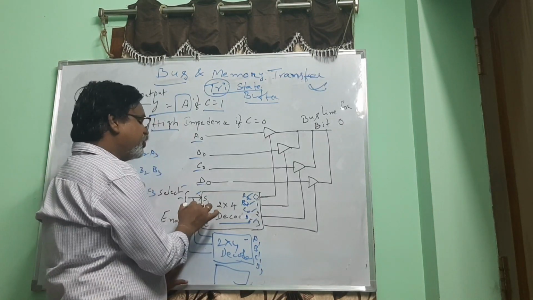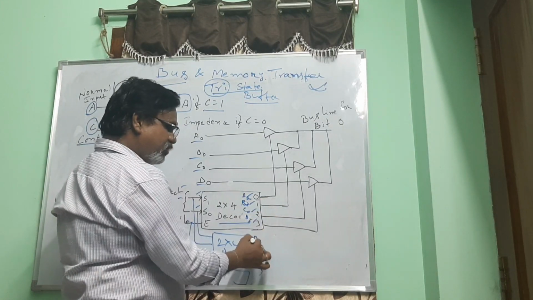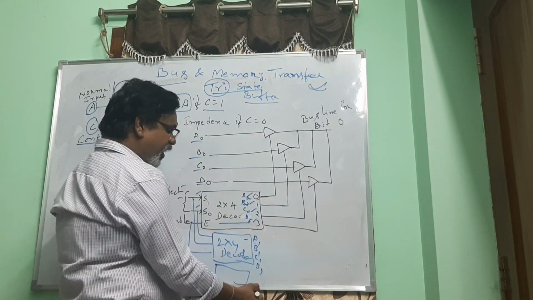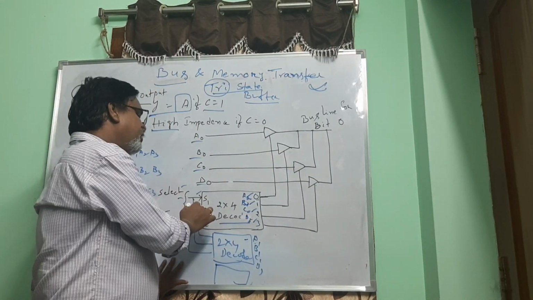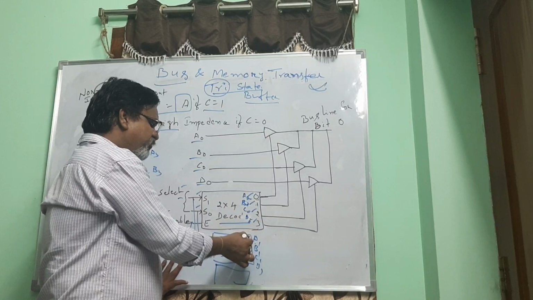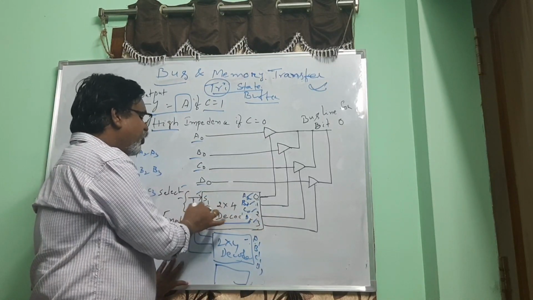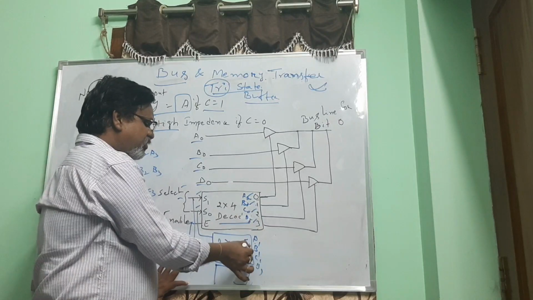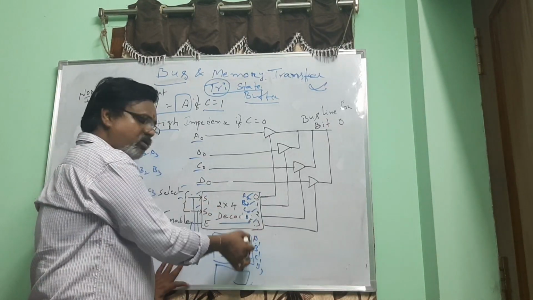So if it is 0, 0, A0, A1, A2, A3 will be selected. If it is 0, 1, B0, B1, B2, B3 will be selected. If it is 1, 0, C0, C1, C2, C3 will be generated. If it is 1, 1, D0 and so on.